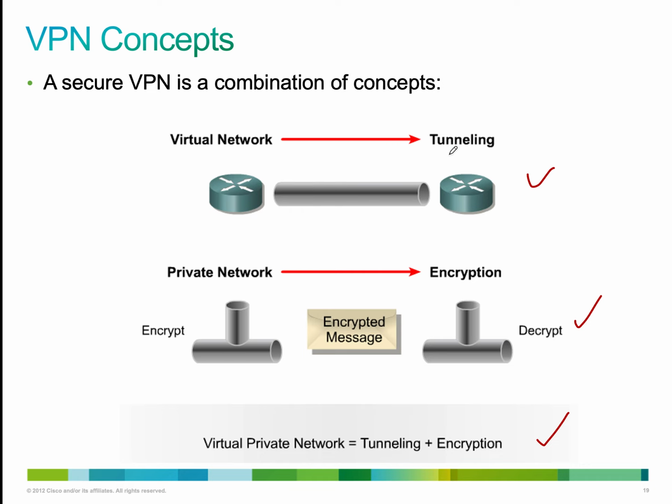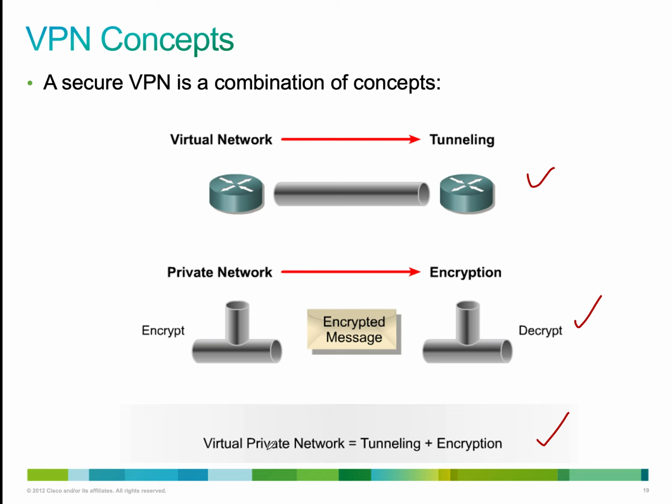So virtual network is tunneling, and then private network is encryption. VPN will be combining tunneling plus encryption. Even if you are going through a tunnel, you have to encrypt the data and still provide all the cybersecurity mechanisms to protect the data.